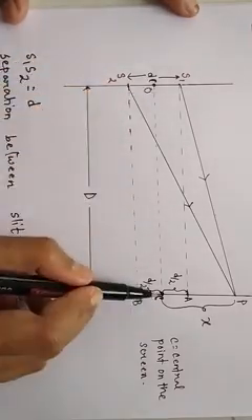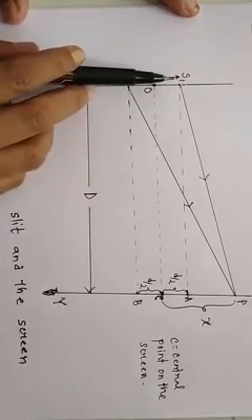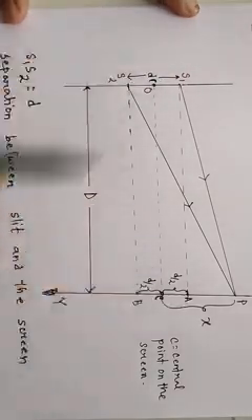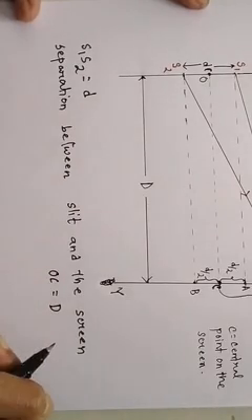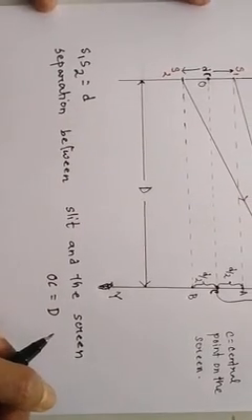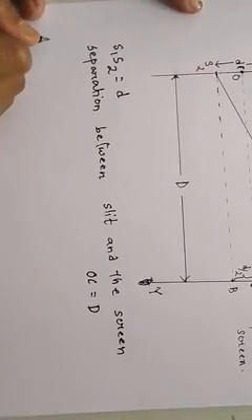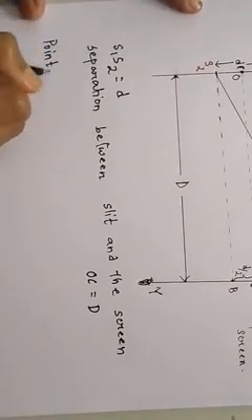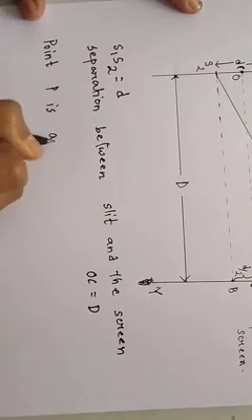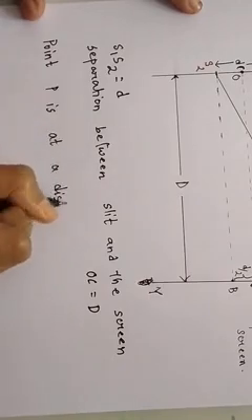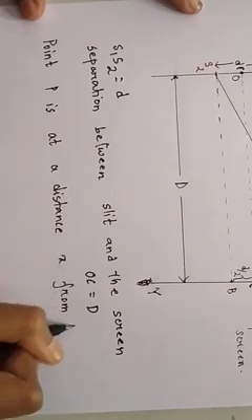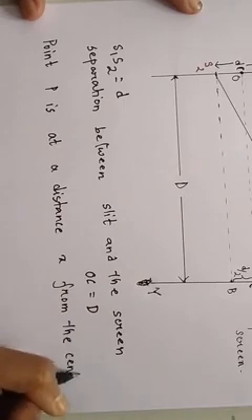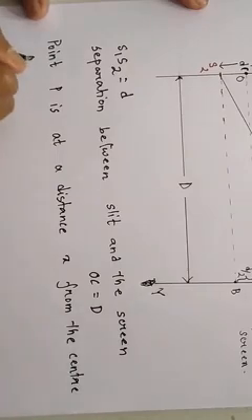If we join OC, it gives us the distance between the screen and the slits. So we can write OC equals capital D. And point P is at a distance x from the center of the screen C.